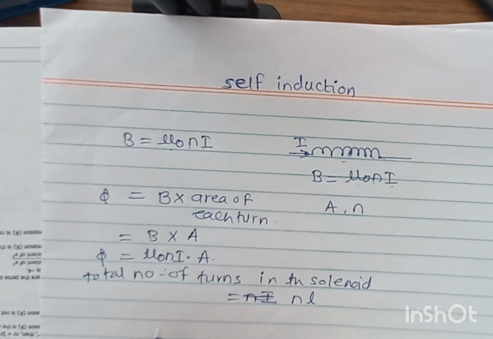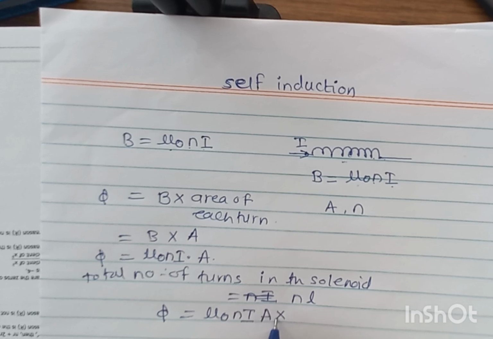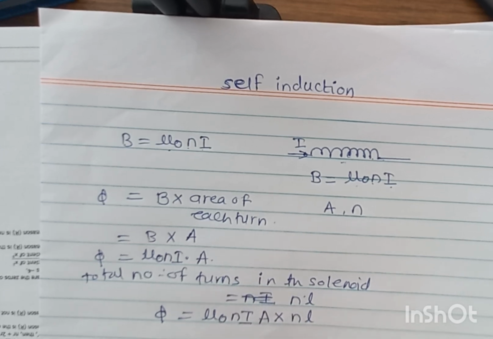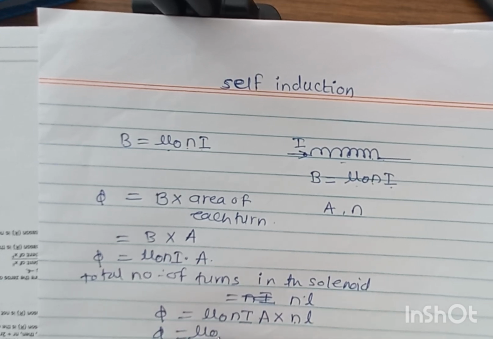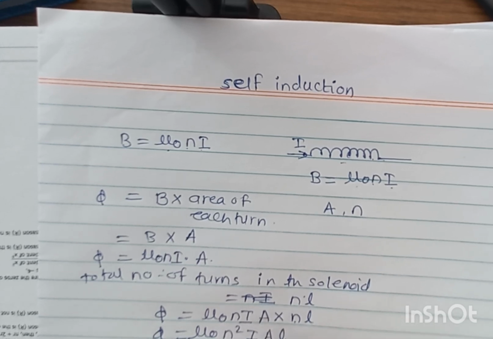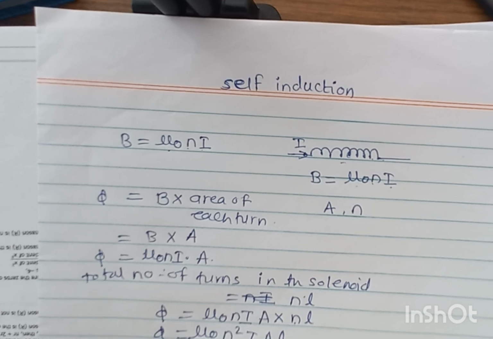So we can write phi is equal to mu naught N into I into A, times the number of turns N into L. This N and this N remain the same, so we get mu naught N square I A into L. This is the flux.